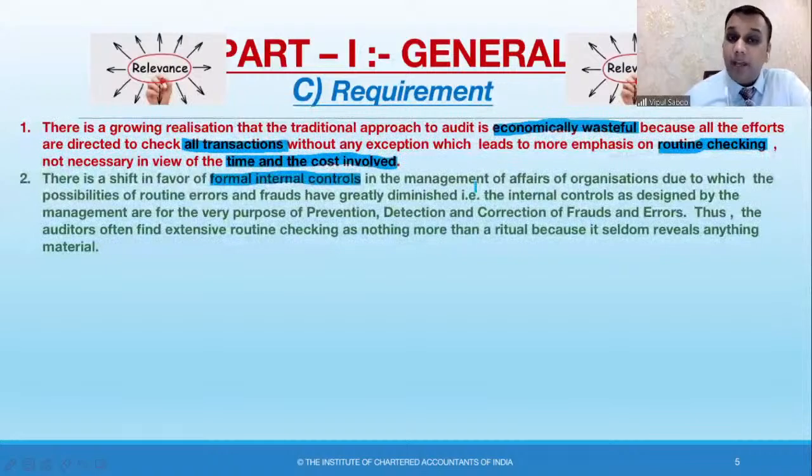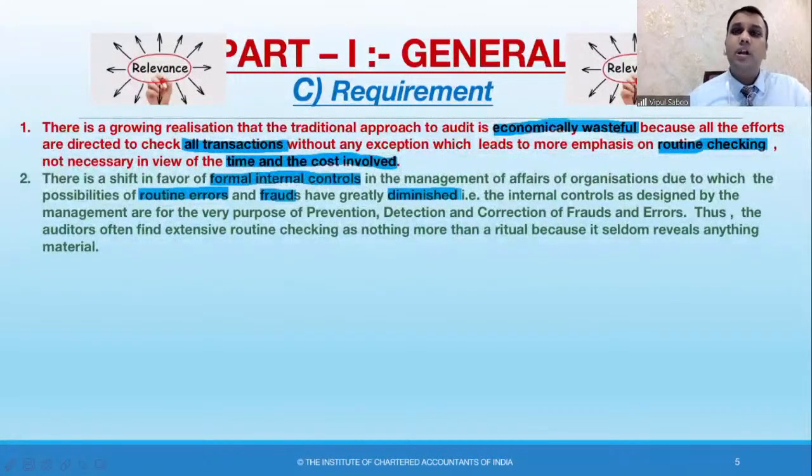But with the passage of time, they have been made aware of the importance of strong controls, and they have developed a formal internal control policy. Businesses have shifted from a conventional internal control framework to a more formal framework, due to which the possibilities of routine errors and frauds have greatly diminished.